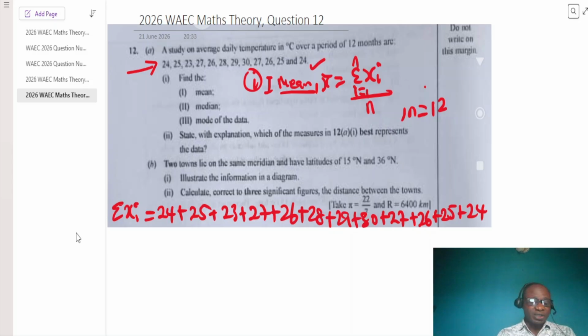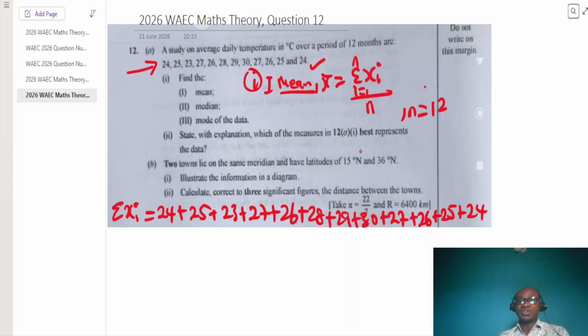So we begin to add. I'm using my calculator, adding the listed values: 24 plus 25 plus 23 plus 27 plus 26 plus 28 plus 29 plus 30 plus 27 plus 26 again plus 25 plus 24.